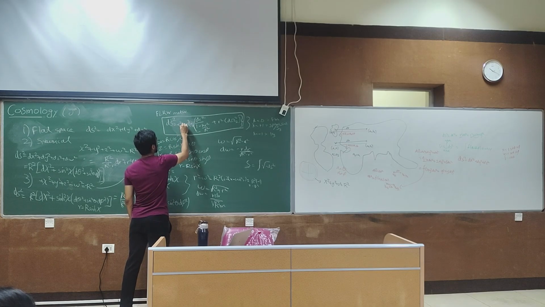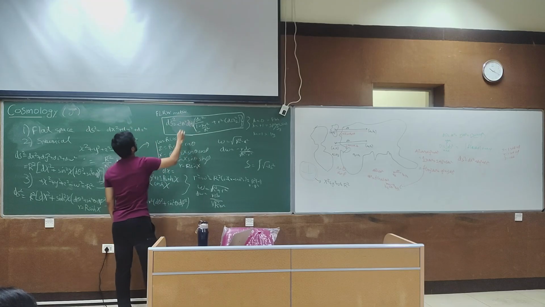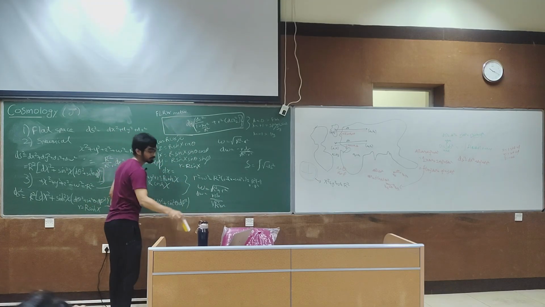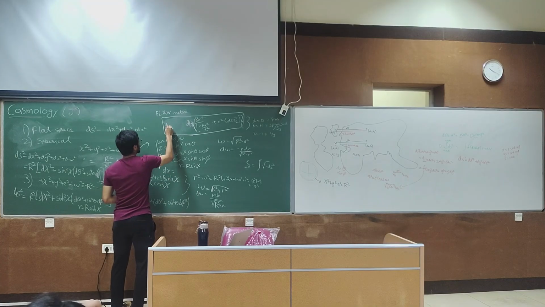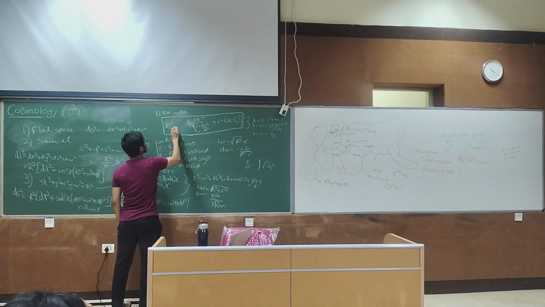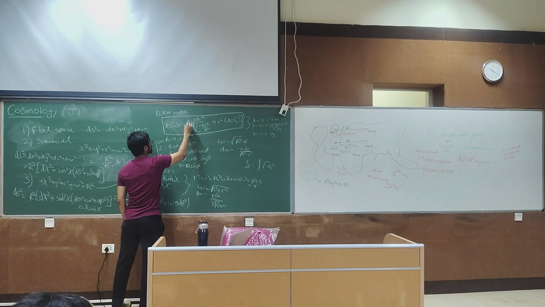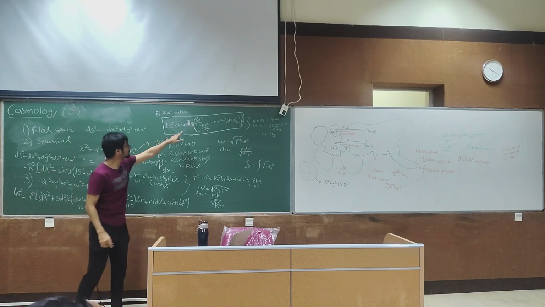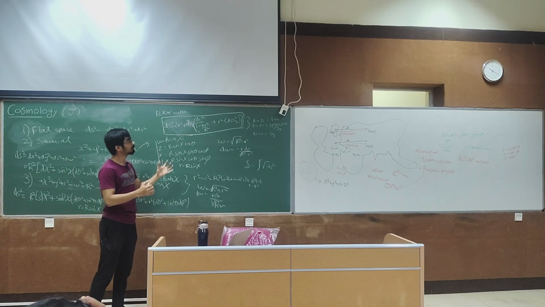And this is the actual FLRW metric: minus c squared dt squared plus a squared. So a of t captures how big the scale is.